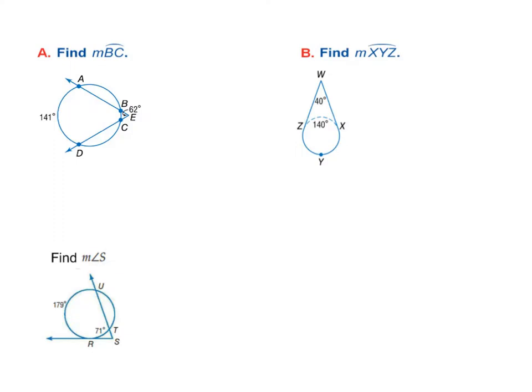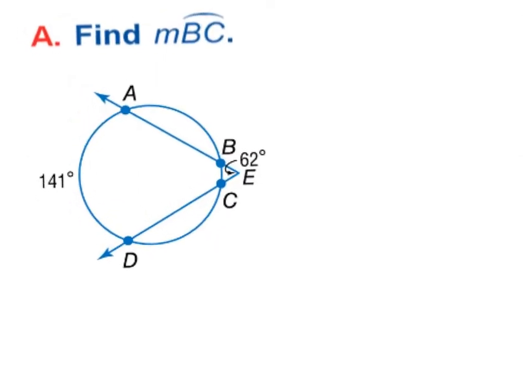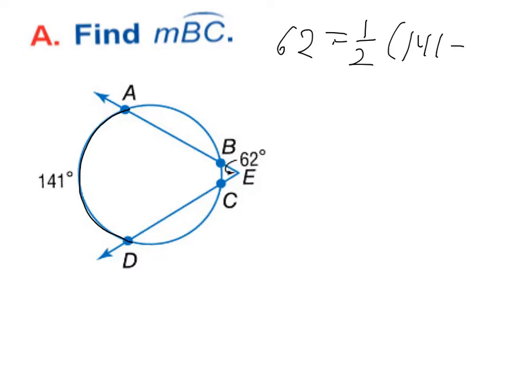So here we have the angle measure, which in this case is 62. 62, the angle, is equal to 1/2 the larger arc, 141, minus the smaller arc, which we don't know, so we'll just call it x.